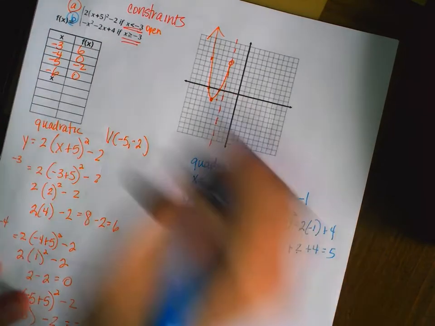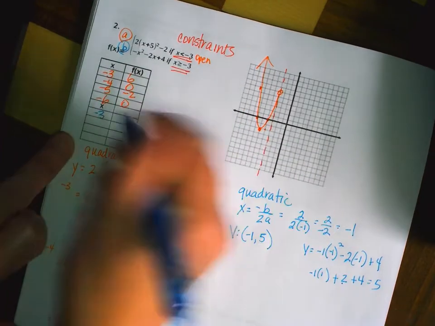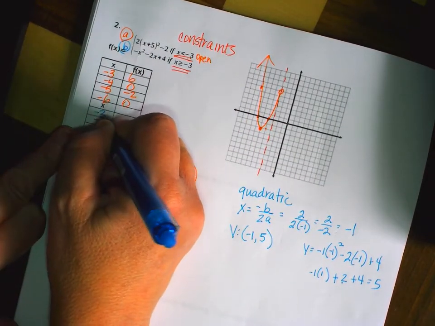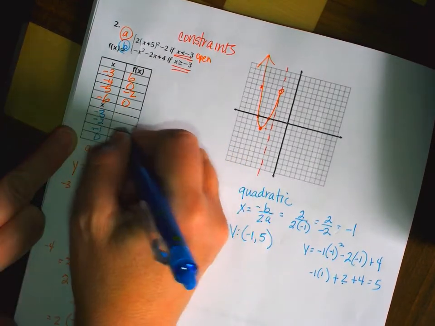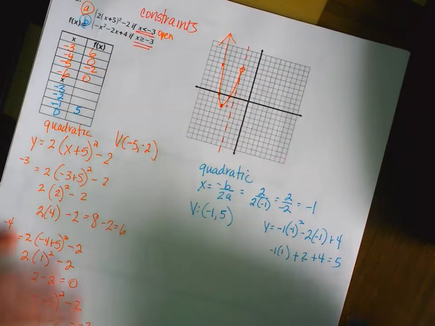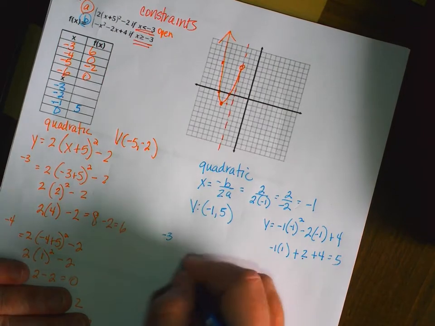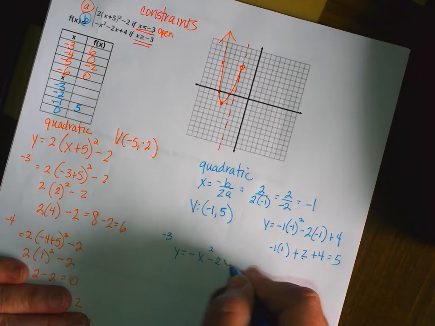My first point has to be -3 because that's my constraint. And I'm going to go points to the right of that. So I'm going to have -3, -2, -1, and 0. And I already know -1 is 5 because that's my vertex. So I just need to plug in these others. If I'm going to do -3 and plug that in, my equation is -x squared minus 2x plus 4.